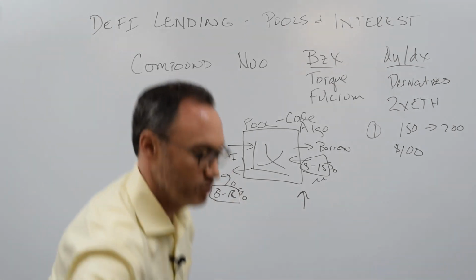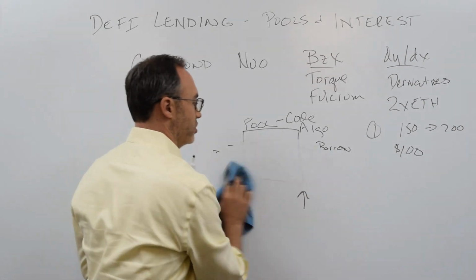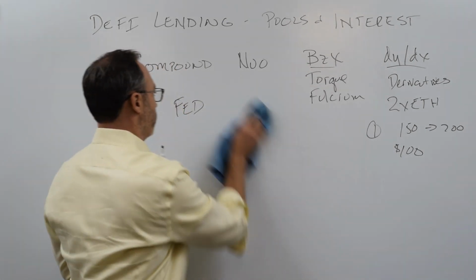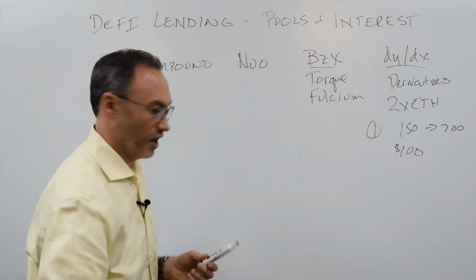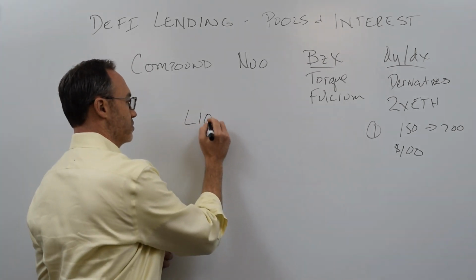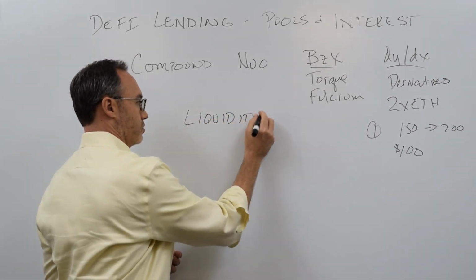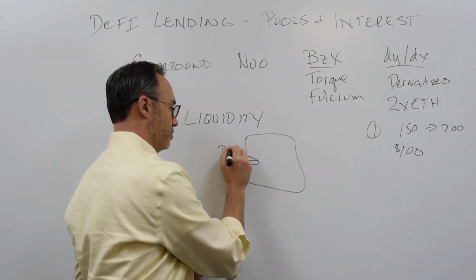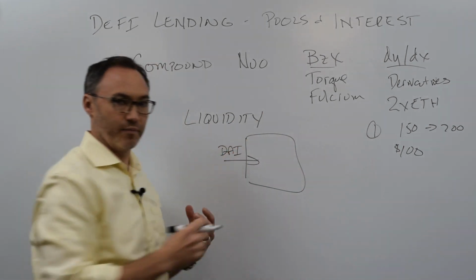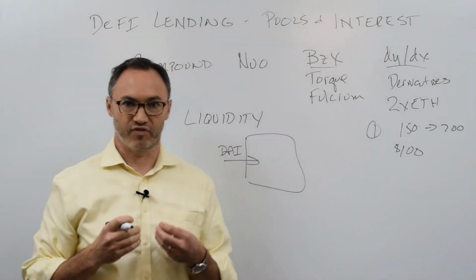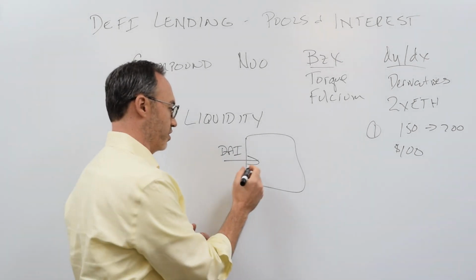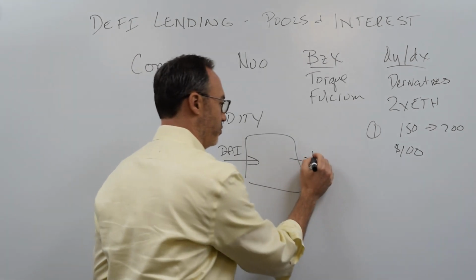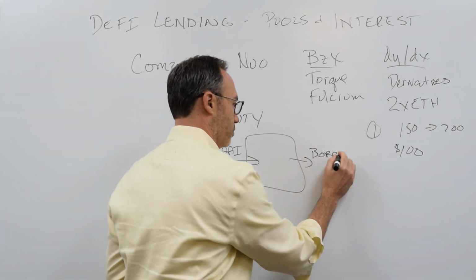Now, there's something we keep seeing in these words that I want to address, that I've talked about several times. One of them is liquidity. Okay, so if I am putting my DAI into this pool, I am becoming a liquidity provider. What's the liquidity? I'm putting DAI in here, which means other people can borrow.